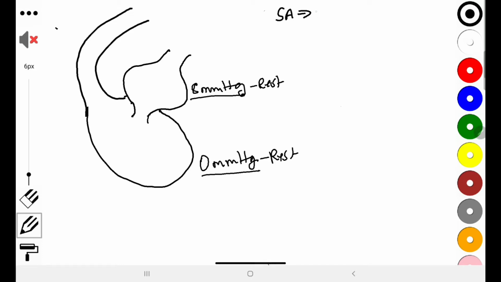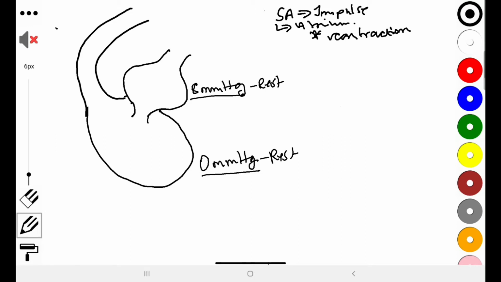The SA node is going to fire an impulse, and this impulse will go through the atrium. And from the atrium, we're going to have contraction, because after depolarization, we're supposed to have a mechanical response that is contraction.